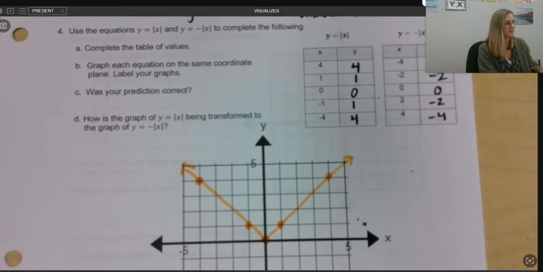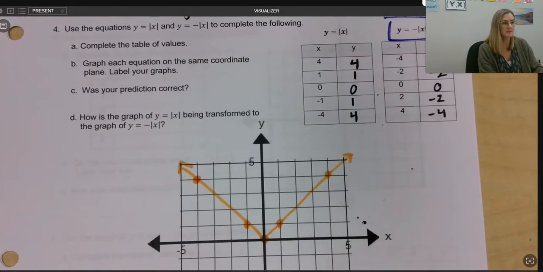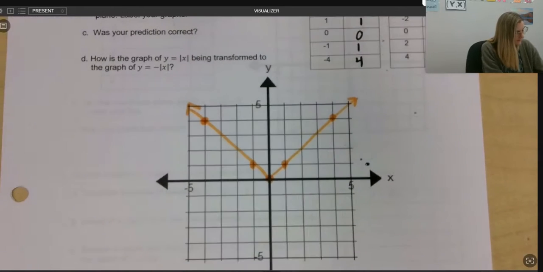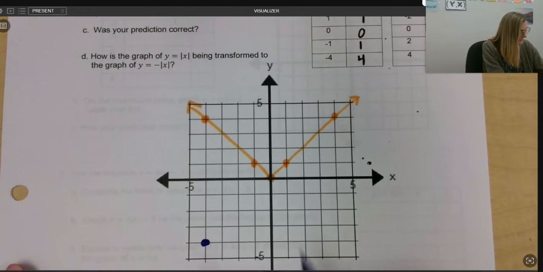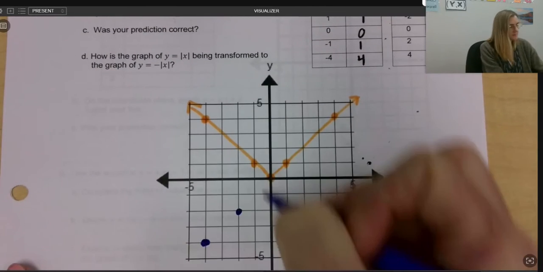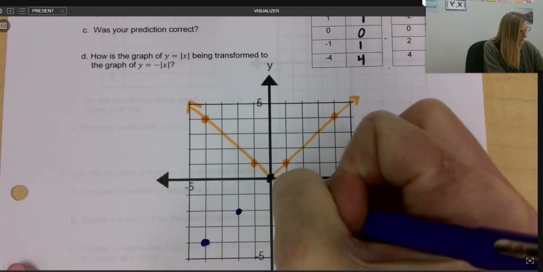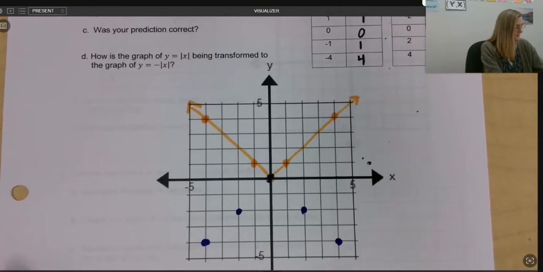And when we graph the other one, y equals negative times the absolute value of x, we're going to go (-4, -4), now (-2, -2). Still have (0, 0) on the graph. (2, -2), and (4, -4).